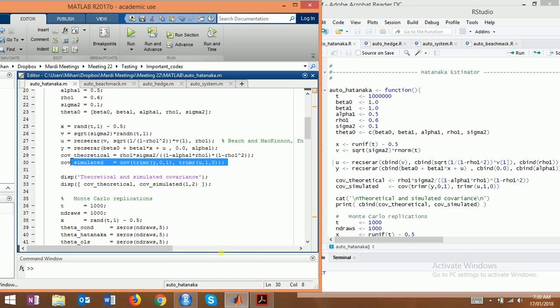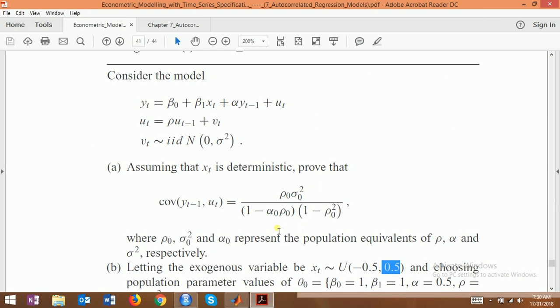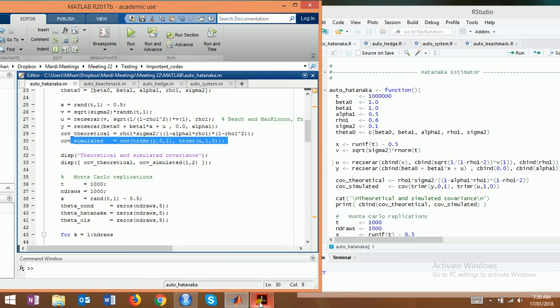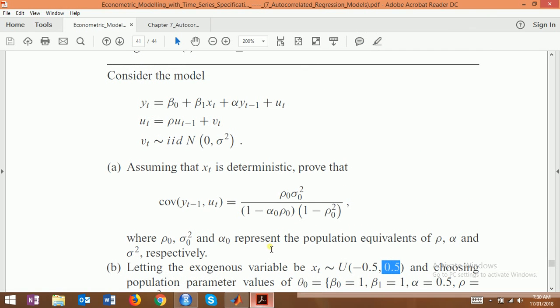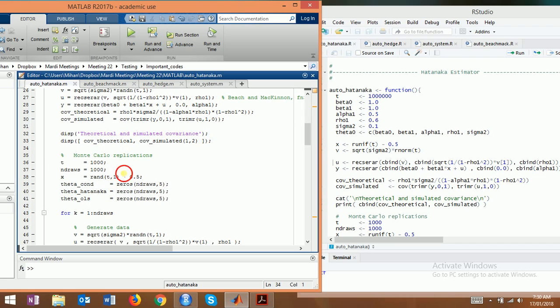Theoretical and simulated: 1 minus rho 1. So this is the theoretical, and simulated is simply covariance of trimmer y01 u10, that's all, yt minus ut. And Monte Carlo replication 100,000 times.